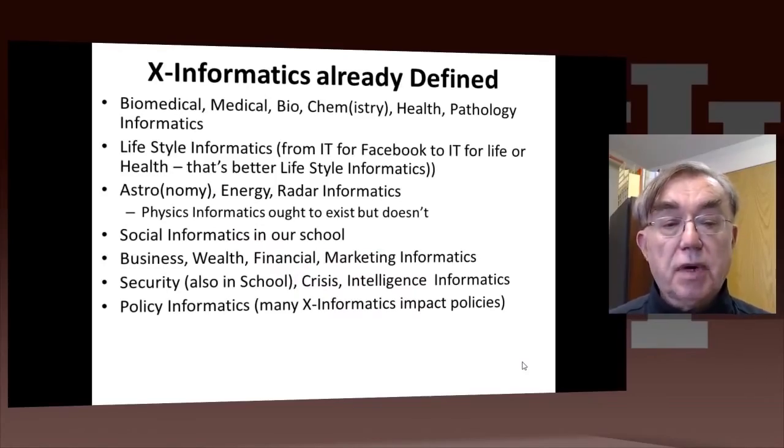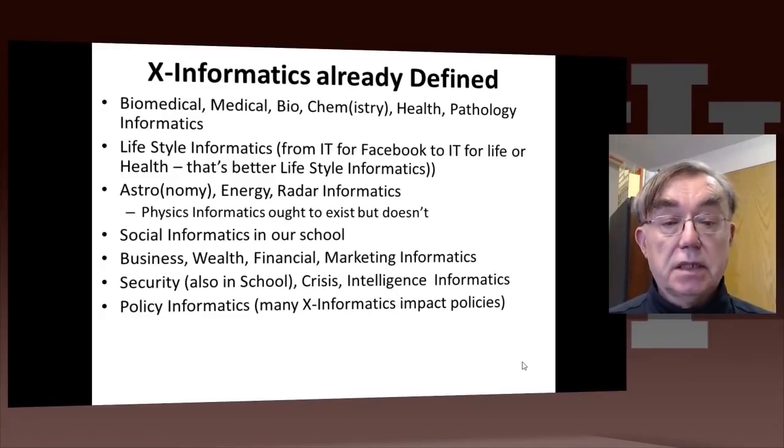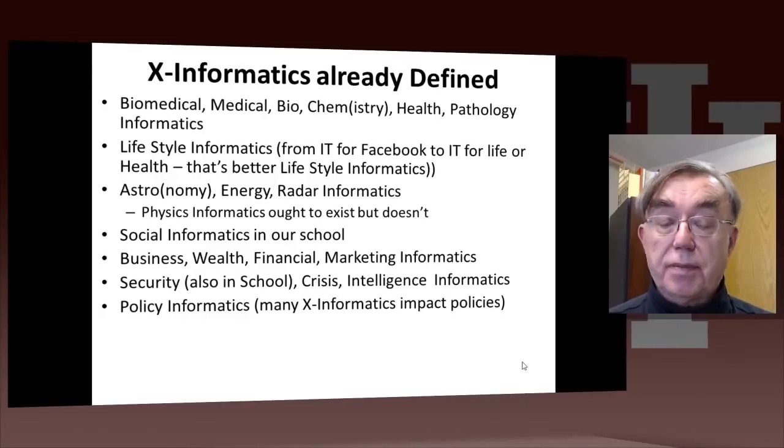So let's see what X Informatics areas exist. In general, you could imagine lots existing, and if you go to the internet, you'll find many have been defined. The life science area is particularly replete with the X Informatics areas. There's biomedical informatics, medical informatics, bioinformatics, chem informatics, health informatics, pathology informatics.